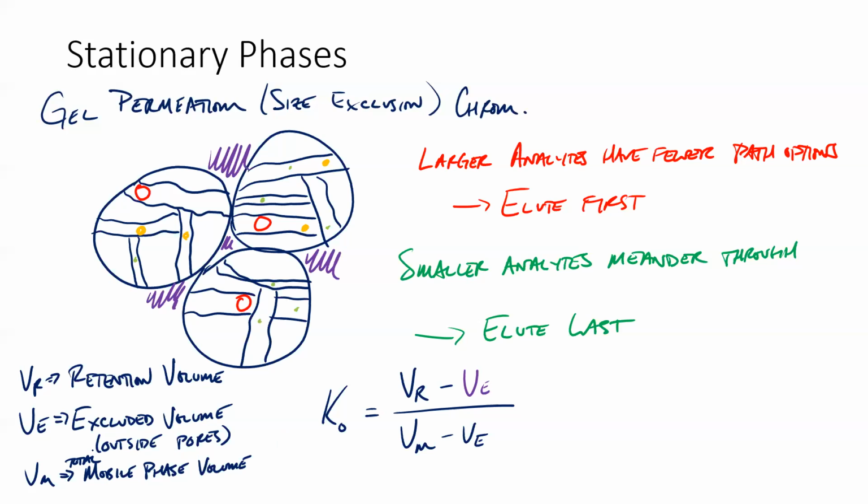Just like we talked a little bit about the volume of the stationary phase and the volume of the mobile phase in that partition chromatography where we just knew about the polarity, similarly, on these kinds of columns, that excluded volume and the total mobile phase volume are known values. And so you just have to do your experiment and figure out what the retention volume is. These numbers should all be between 0 and 1.